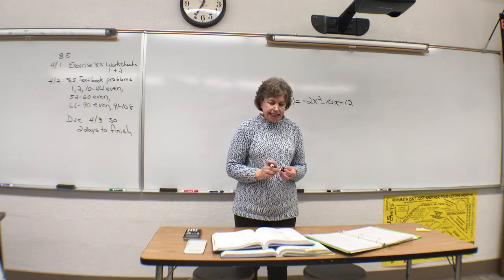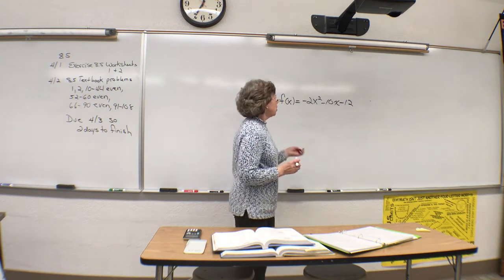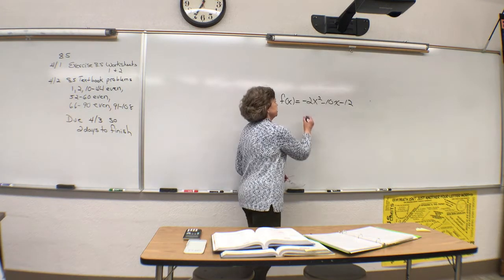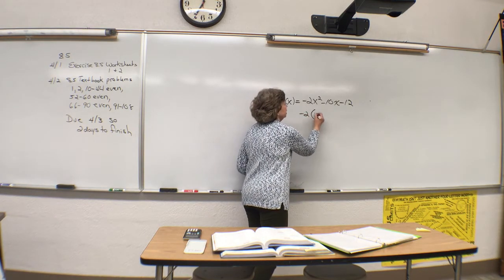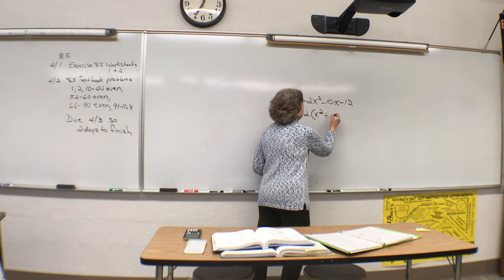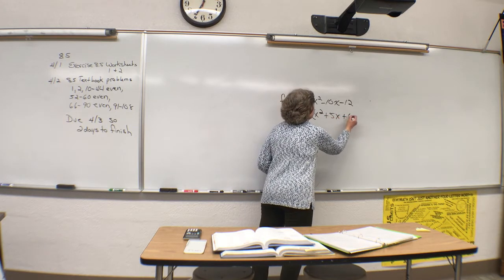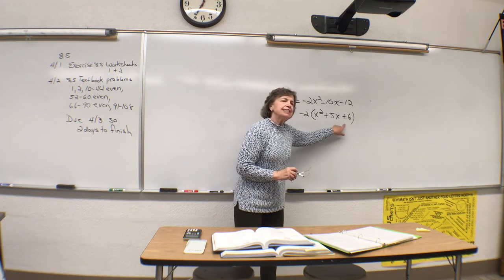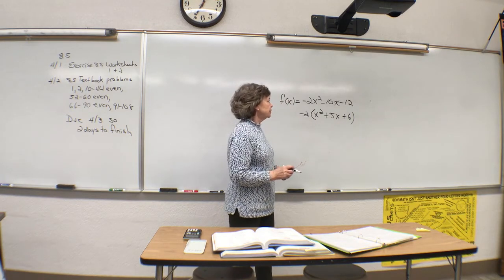It's asking you to find the zeros. So what are you going to do first? Always pull out the negative and the GCF. So in this case, we're pulling out a negative 2, and that leaves us with x squared plus 5x plus 6. Remember, when you pull out the negative, all the signs inside must change to be equivalent.